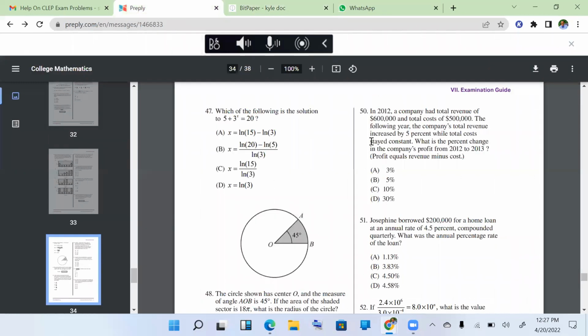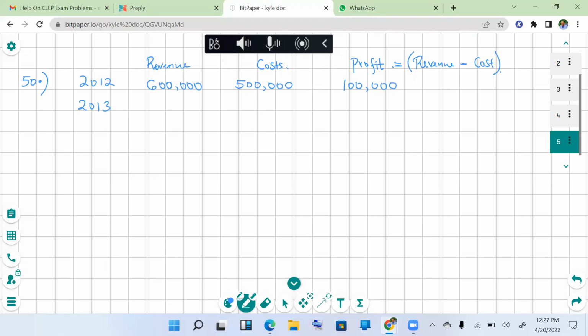Now we go to 2013. For 2013, the revenue increased by 5%, but the total costs remained constant. So in 2013, we had the costs remaining at 500,000. But the revenue for 2013 increased by 5%, right? So we can say that 2013's revenue was equal to 105% of 2012's revenue.